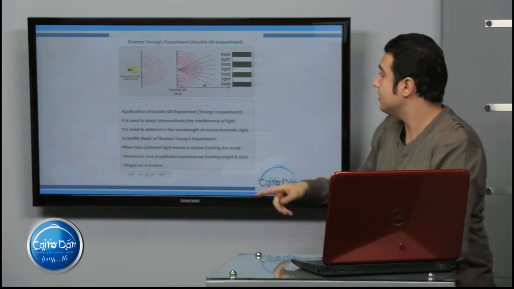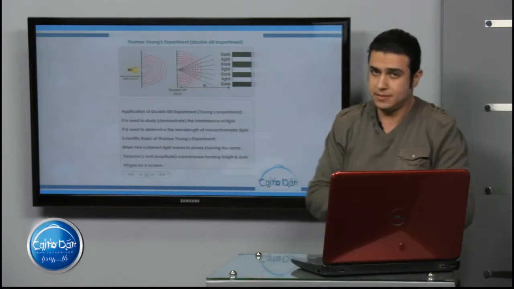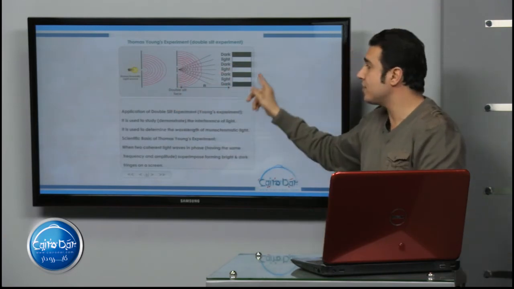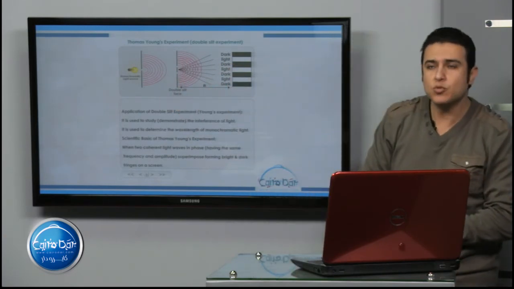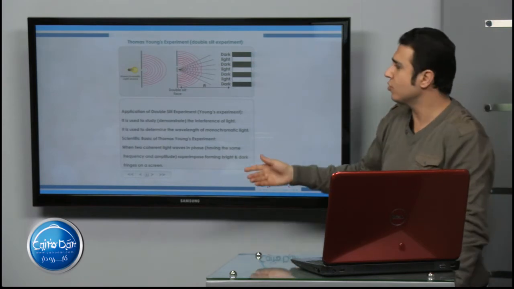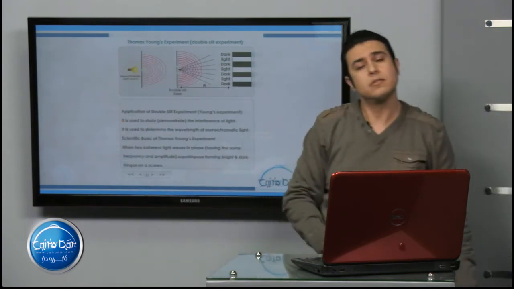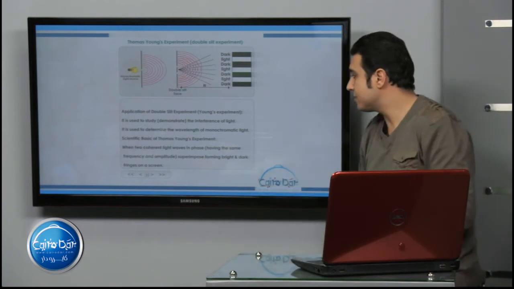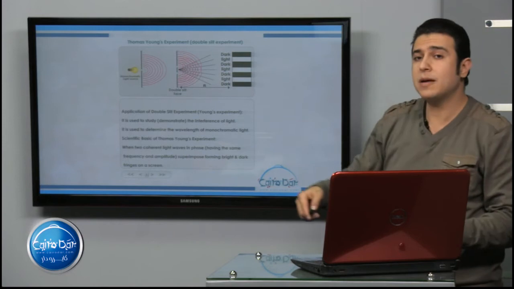I repeat it again. The distance between the two slits is d. The distance between the double slit screen and the observation screen is R. The distance between two successive fringes is delta y. Of course, the wavelength is lambda for the monochromatic source of light. That's for the Thomas-Young experiment.